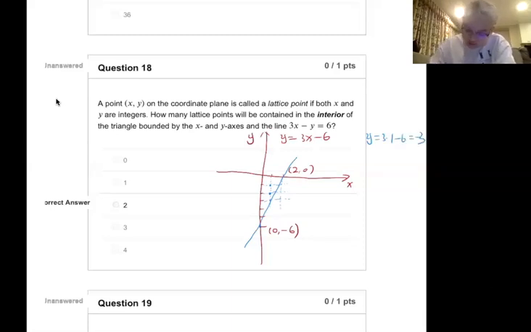And the point is 1, negative 3, which is actually on the line, but not in the interior of the triangle. Therefore, only 2 points are in the interior of the triangle, and that will give us the answer 2.